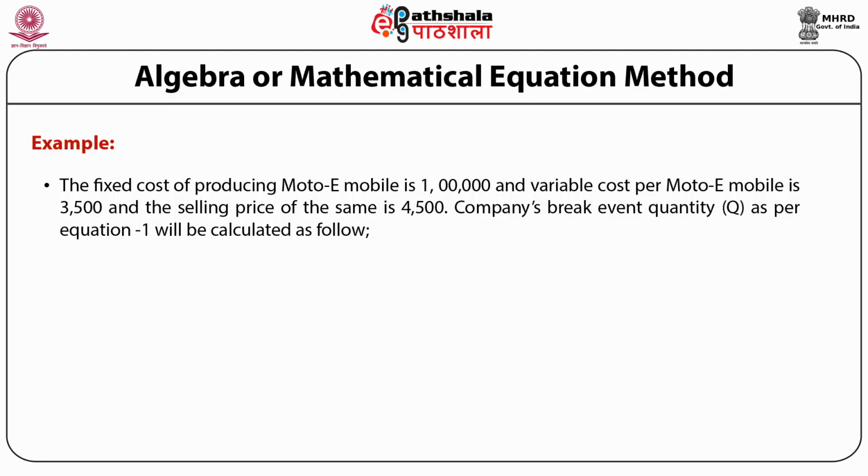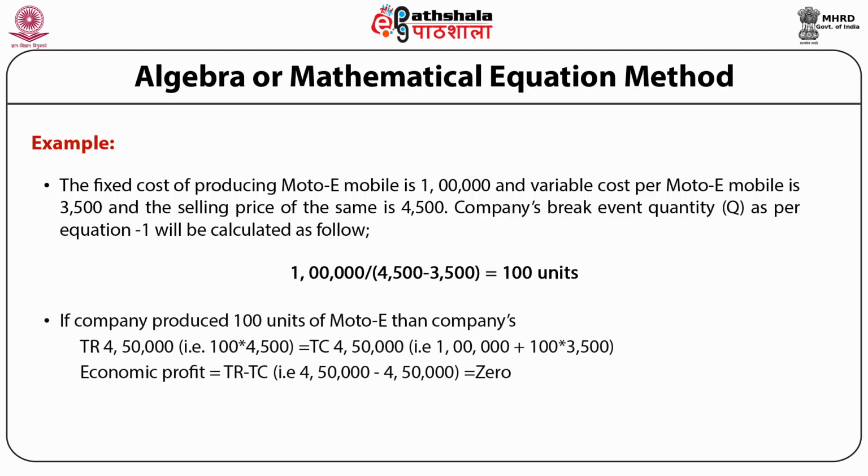The quantity is equal to fixed cost divided by price minus average variable cost. Here the fixed cost is 1 lakh divided by price 4500 minus variable cost 3500. So 1 lakh divided by 4500 minus 3500 comes to 100 units. So in this case, the break-even point of the company is 100 units.